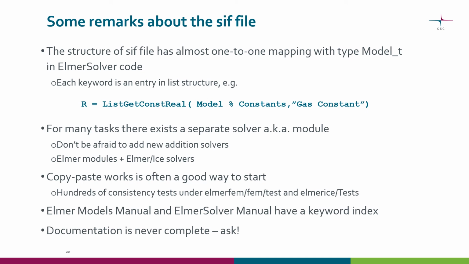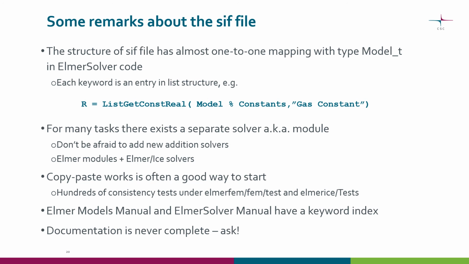Some remarks about the SIF file. When you study the SIF file, and if you look at the code, you will quite quickly realize that there is almost one-to-one mapping between the model type in the ElmerSolver code and the content of the SIF file. So each keyword is basically an entry in the list structure of the model type.